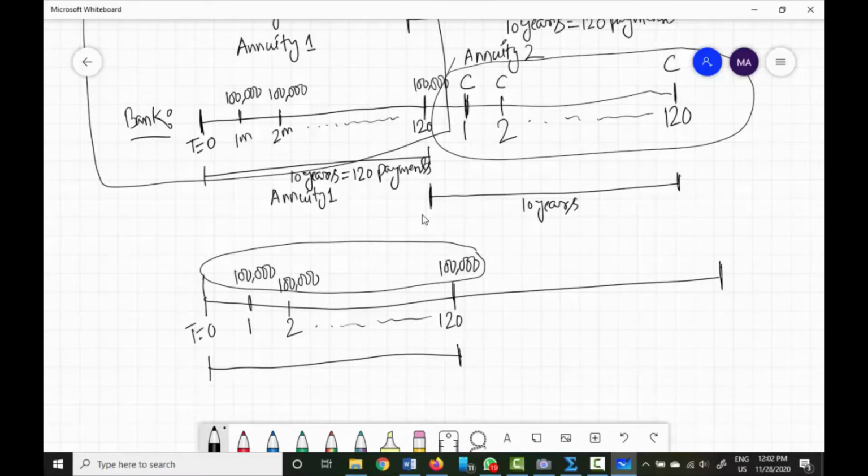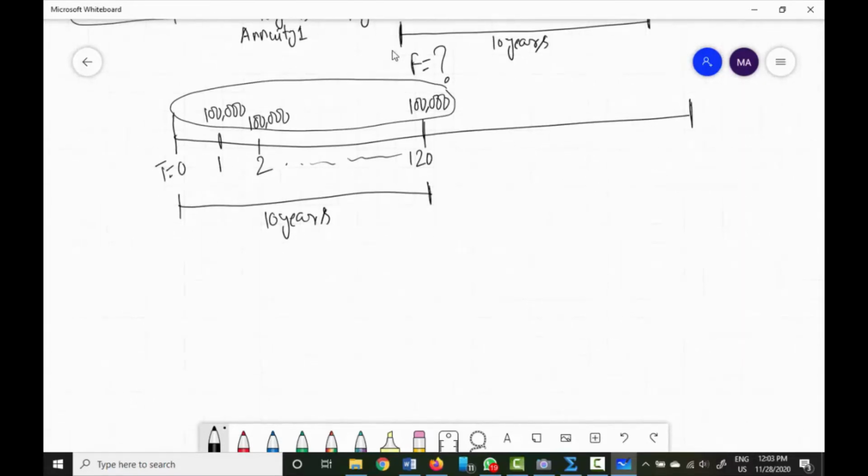That means we need to find out what the account balance will be, how much you will get after 10 years of saving. So we first need to find out the future value, that is, how much we will accumulate from these 10 years of savings. So let us find out this one.